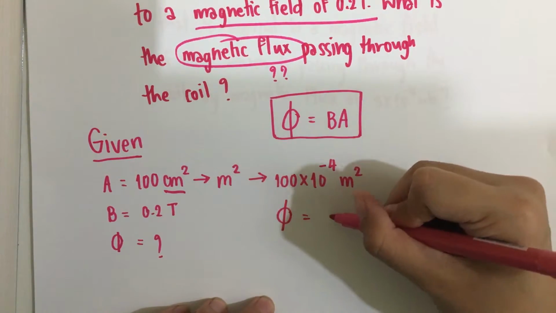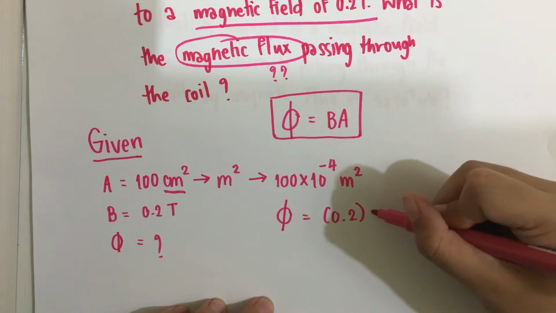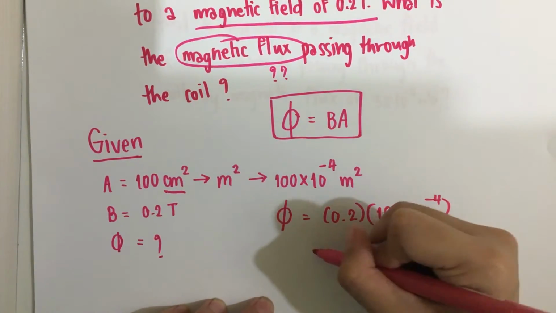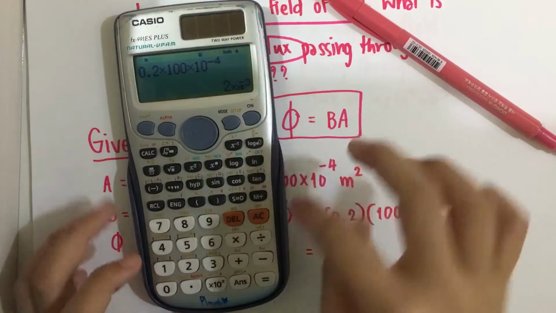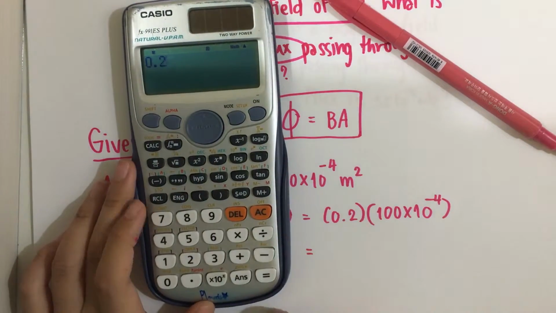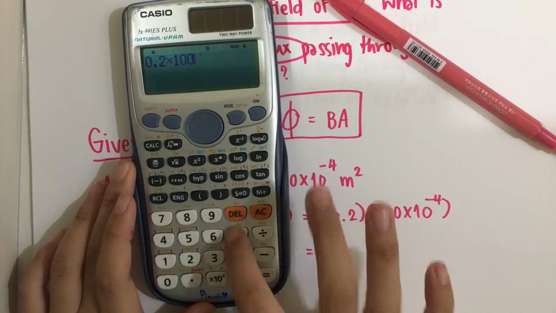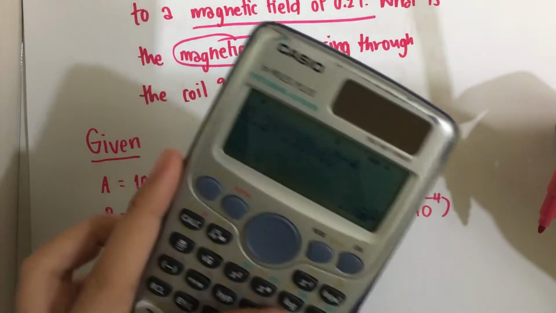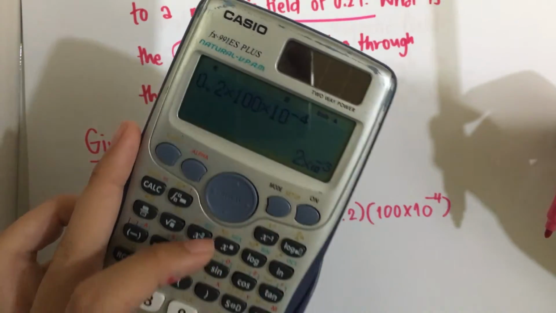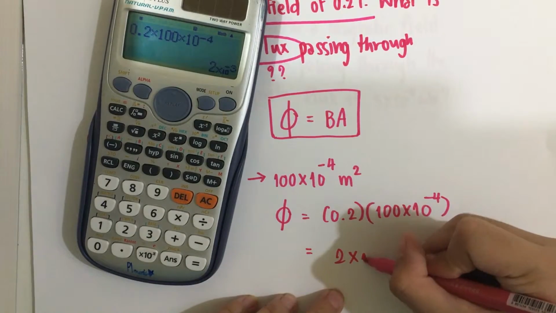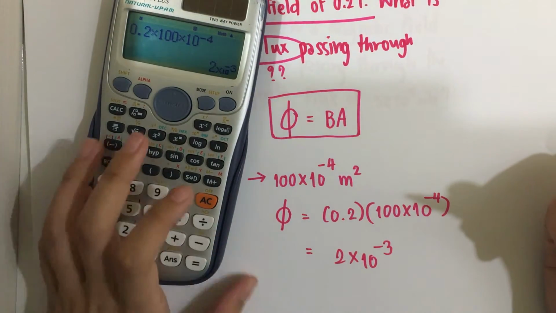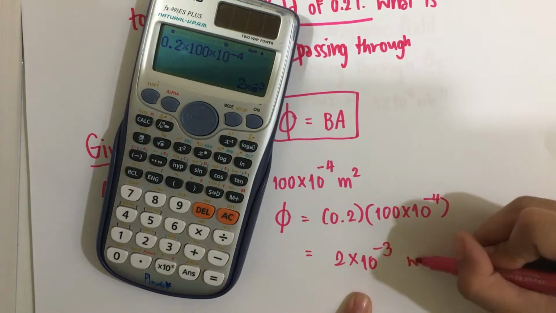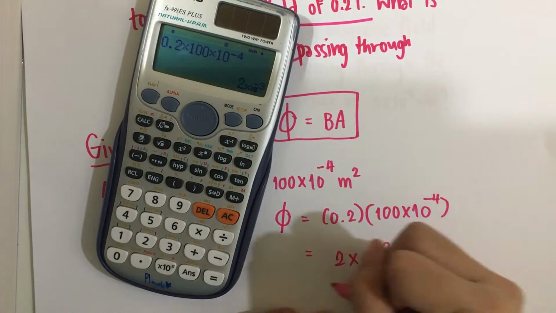Magnetic flux is equal to 0.2 times 100 times 10 to the power of negative 4, and we use calculator to calculate. The answer is 2 times 10 to the power of negative 3. And the unit of magnetic flux is Weber. This is the answer.